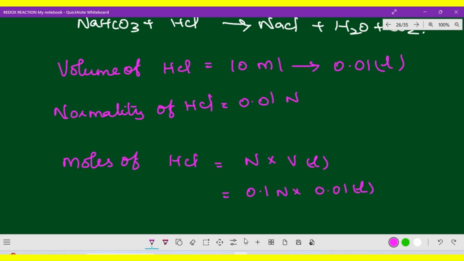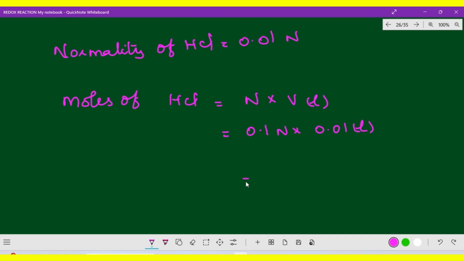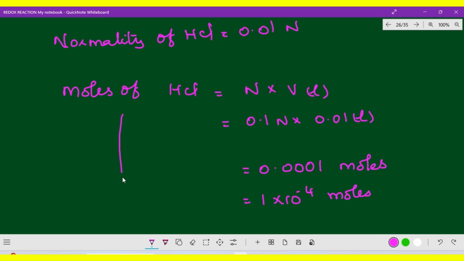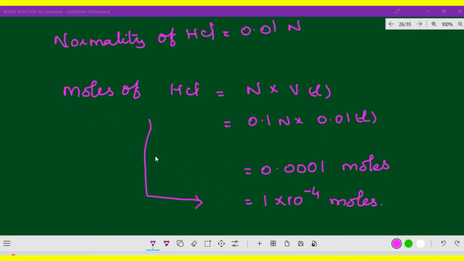So how much are we getting? 0.0001 moles, which we can write as 1 into 10 to the power of minus 4 moles. So that is the moles of HCl.